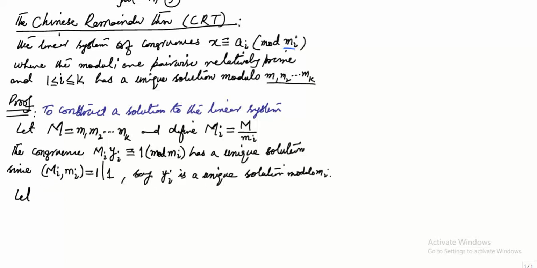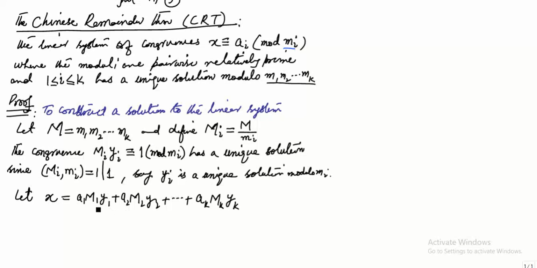Now, because we have to find the solution x here, we assume that the value of x is a1 M1 y1 plus a2 M2 y2 till ak Mk yk.